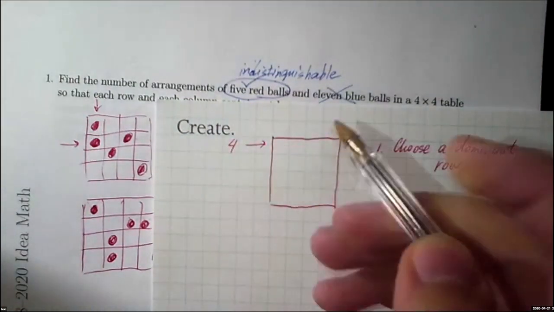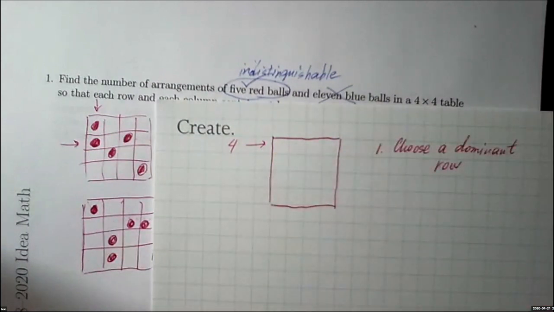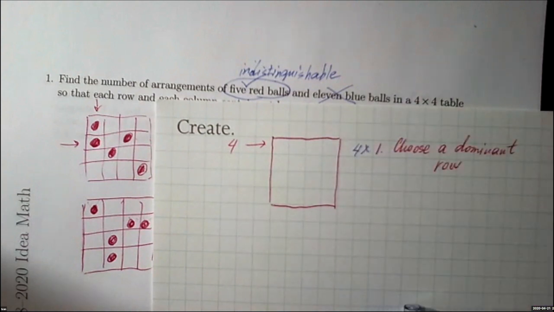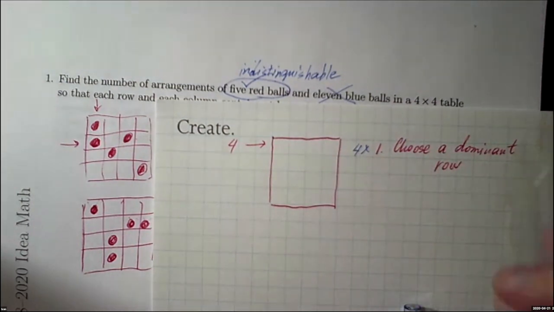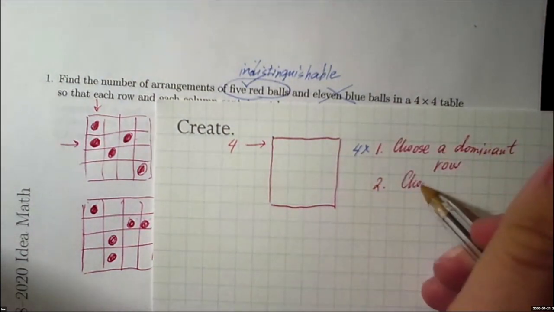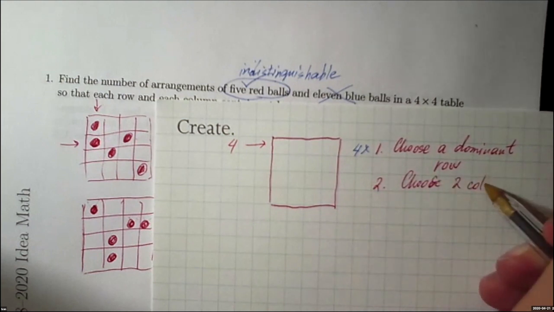So let's say in 4 ways we can say the dominant row is row number 1, so we will multiply by 4. We assume this row is dominant, so it has 2 red balls. So we need to choose 2 columns for these 2 balls.